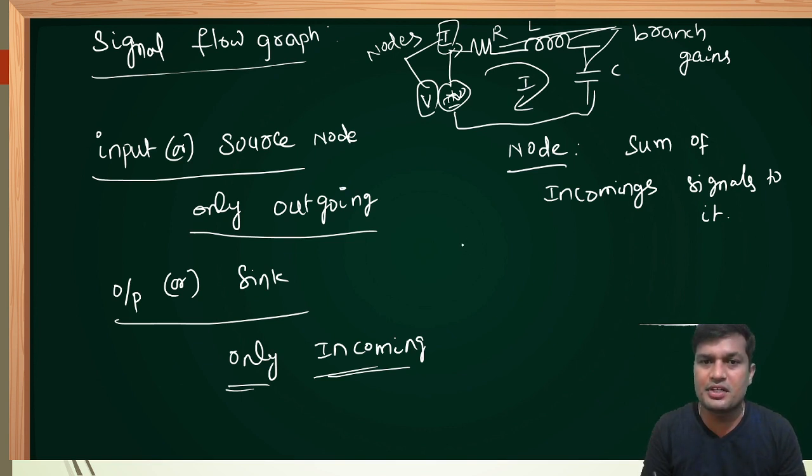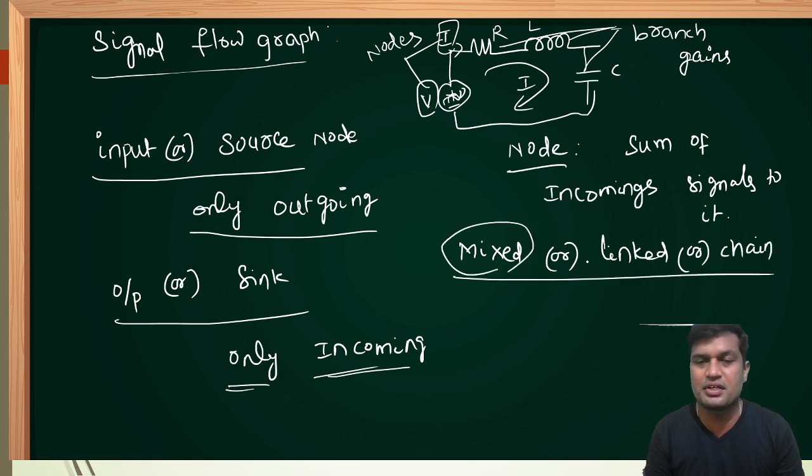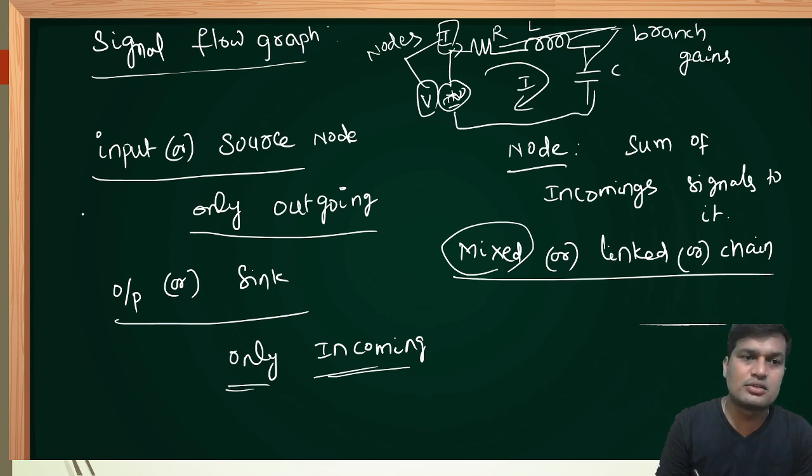Now another definition: mixed node or linked node or chain node. The name itself has the definition. A node which has both incoming as well as outgoing branches is called a mixed node or linked node or chain node. Let us assume, dear friends, this is a node.